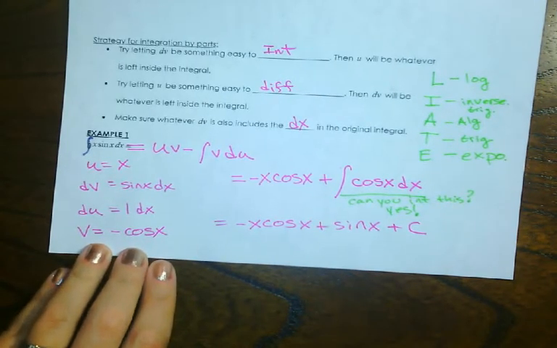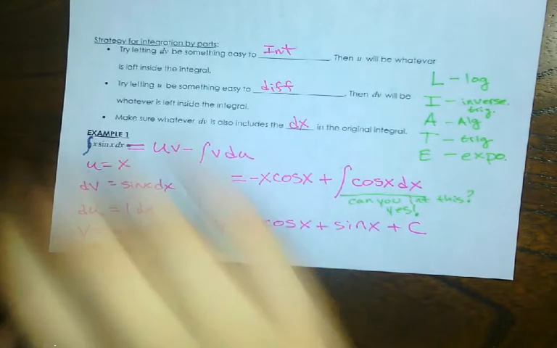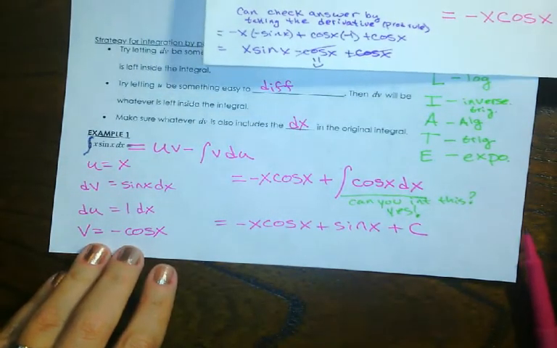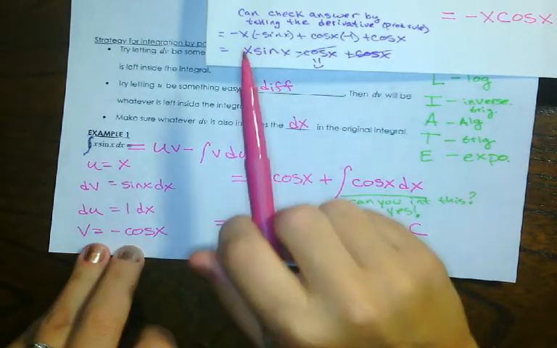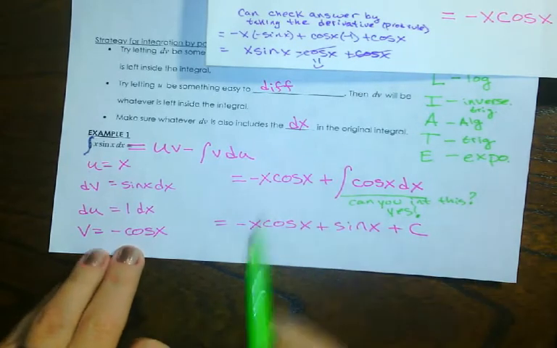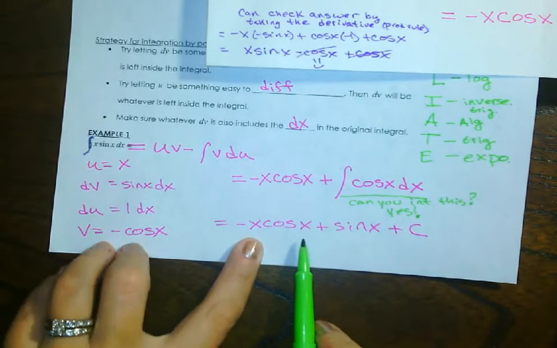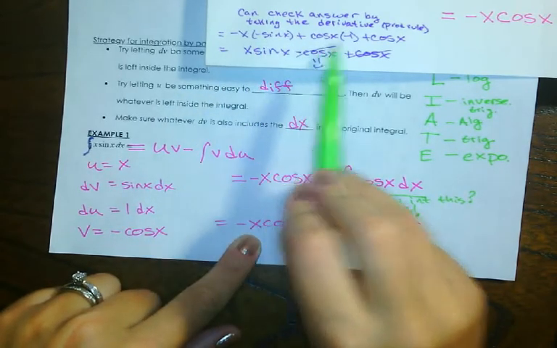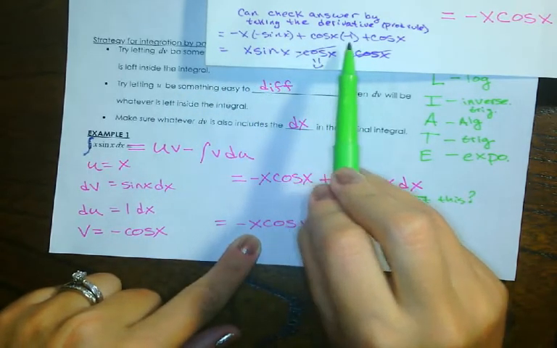You can check this answer by taking the derivative if you wanted, and for that you'd use product rule. I actually have it on the scrap sheet of paper, so I can show it to you real quick. So here's my answer. This would be a double product rule, so you'd say first times derivative of the second plus the second times the derivative of the first.